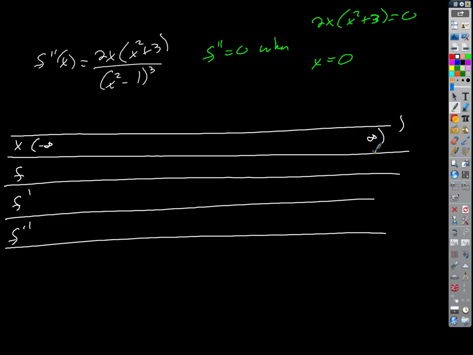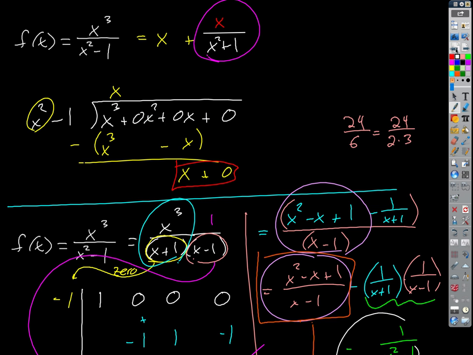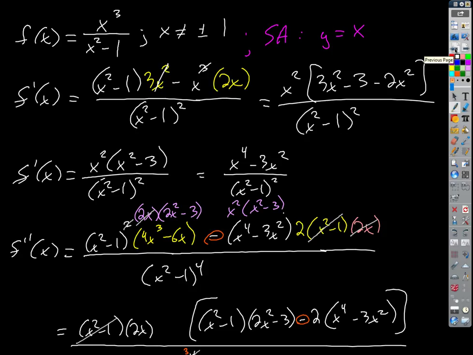We said at -1 and +1 the function was undefined, and let's go look at the original function for a second. How is it undefined at plus and minus 1? Zeros at the bottom, are they zeros at the top? So then what's that tell us? Vertical asymptote, good.